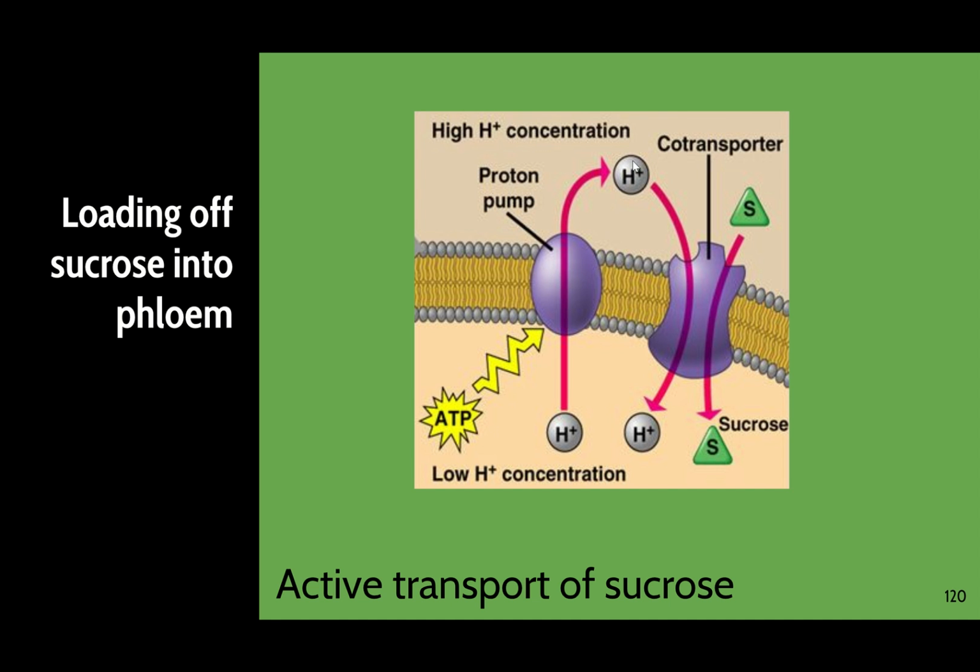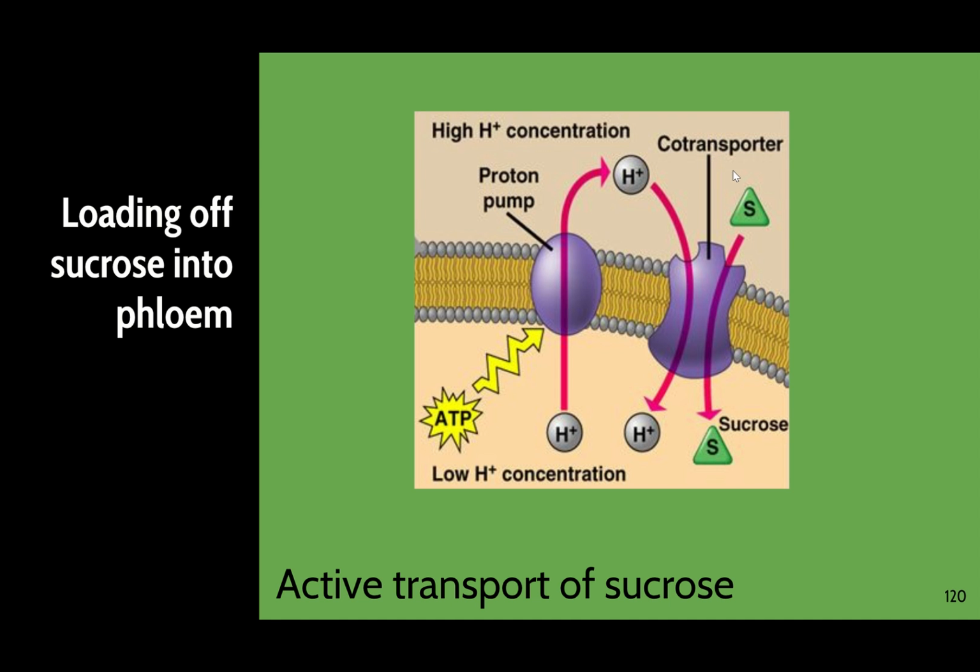The high concentration of protons is going to want to move down its concentration gradient, from an area of high proton concentration to an area of low proton concentration. This desire to move from high concentration to low concentration is going to produce a lot of potential for this cell. We talked about this at the beginning of this unit.